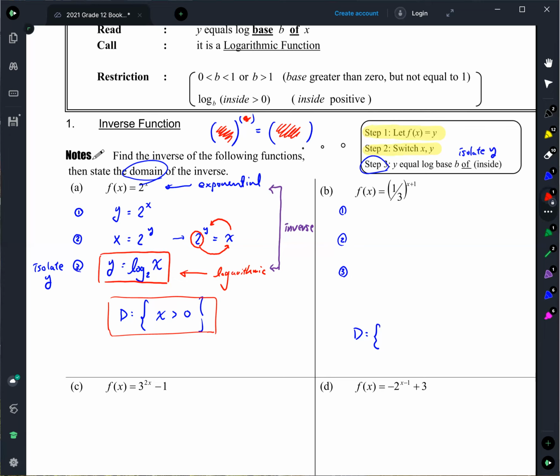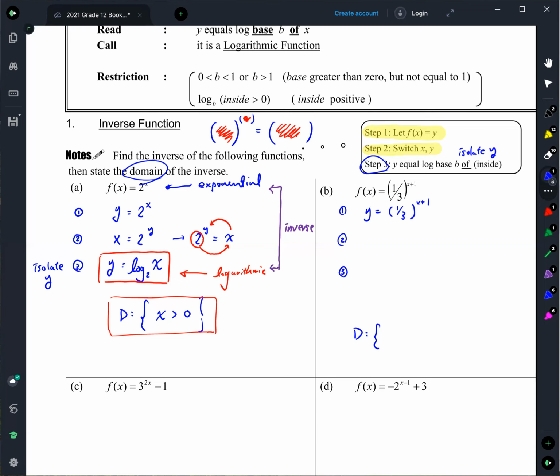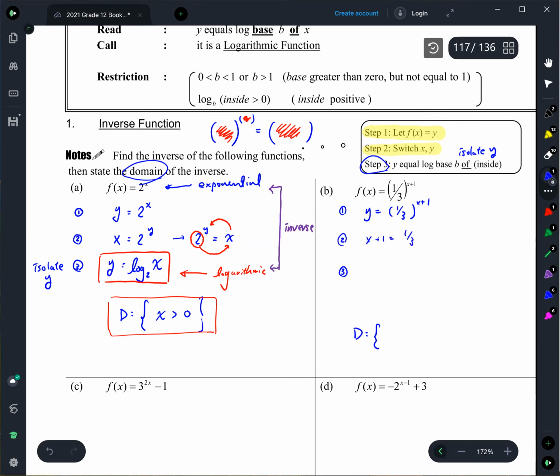Okay, Eric, can you tell us step 1? You just rewrite it as y equals 1/3 to the x plus 1, right? Yes, very good. Okay, Marcus, what is step 2? Is it x plus 1 equals 1/3 to the y?